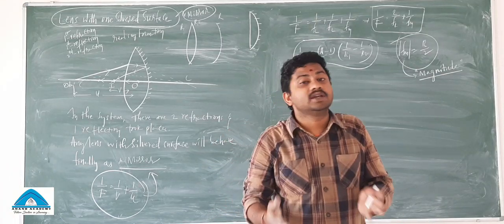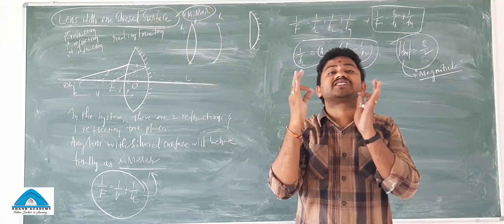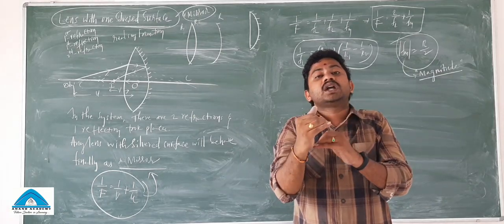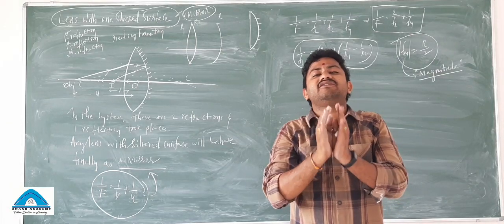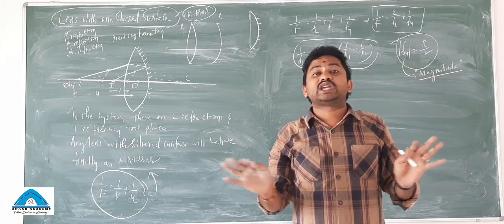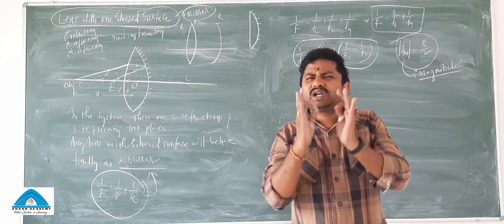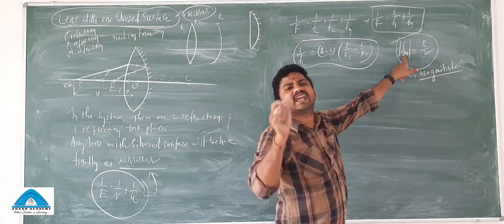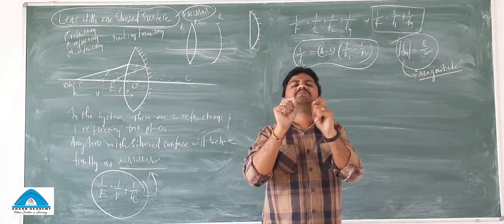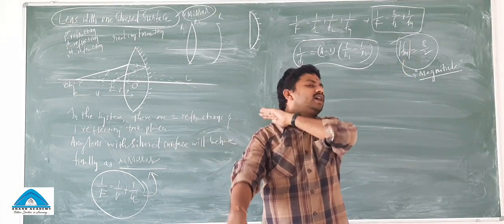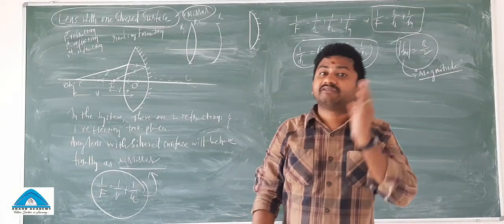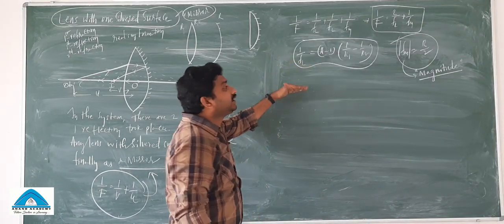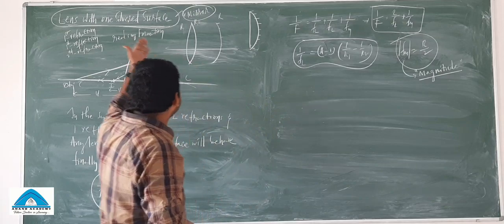Why? That is another story. You just remember it like this so that your solving concepts will be very easy and numericals also you can solve easily. So remember only one thing: while taking the focal length of the mirror, you take only the magnitude. Do not consider any kind of sign convention. Okay, fine. So now let's find an expression for this.